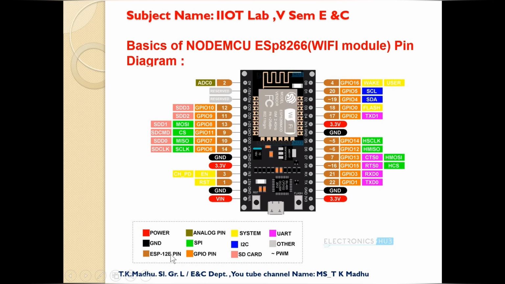So remember this ESP8266, when you are selecting the software, we have to select the chip by name ESP8266, and there are GPIO pins. If you want to insert an SD card we can do so, and if you want to control the speed of a motor, there is an inbuilt PWM.